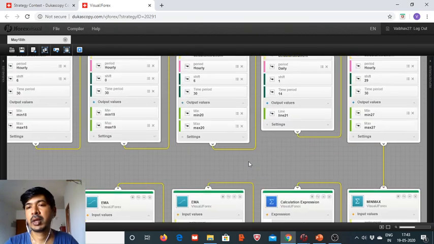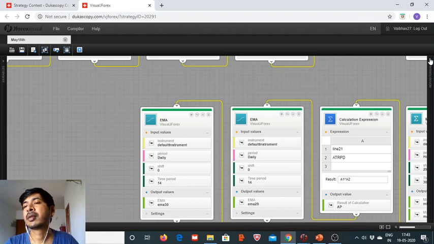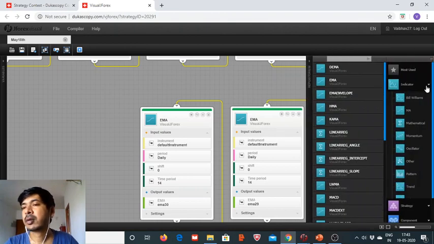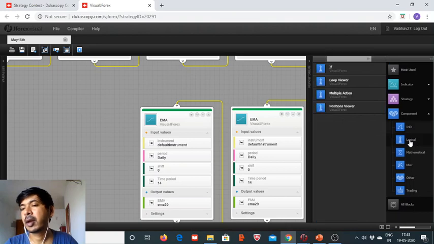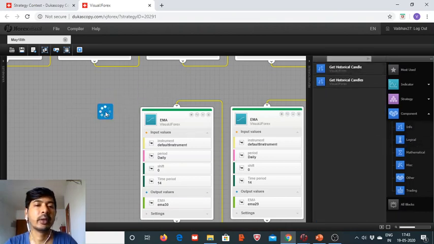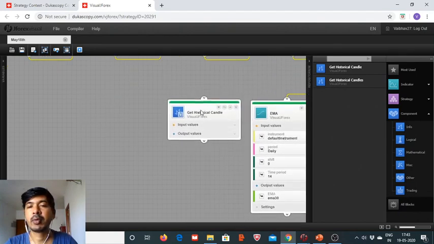Now we need to bring in the last hourly candle. So we take info get historical candle. If we are going for a buy trade, we will want the last hour to have closed with gains.